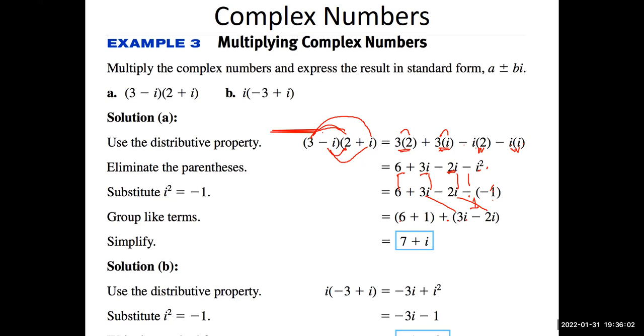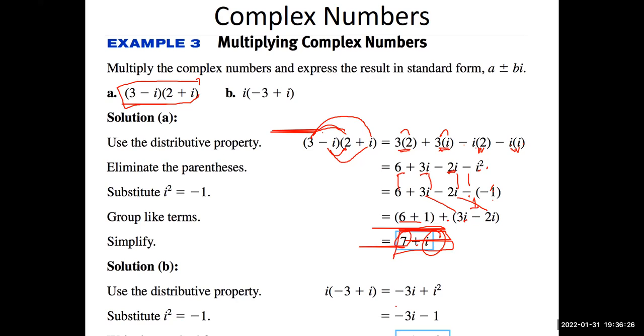So 6 plus 1 is 7, and then 3i minus 2i is i. So when we combine these two terms, it will give us 7 plus i.